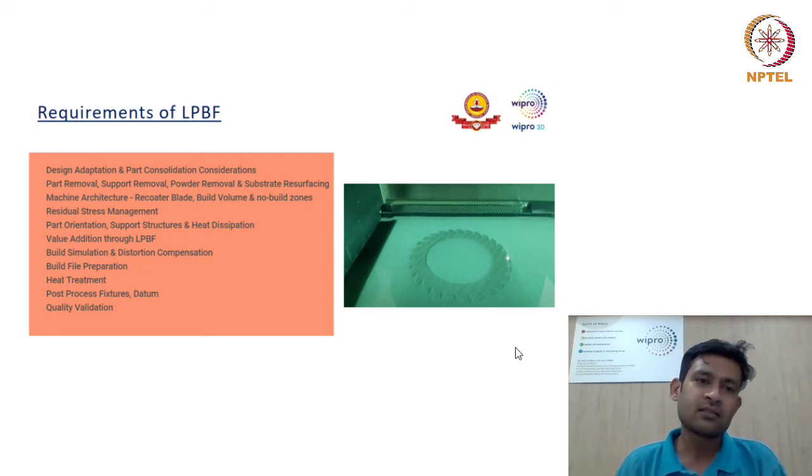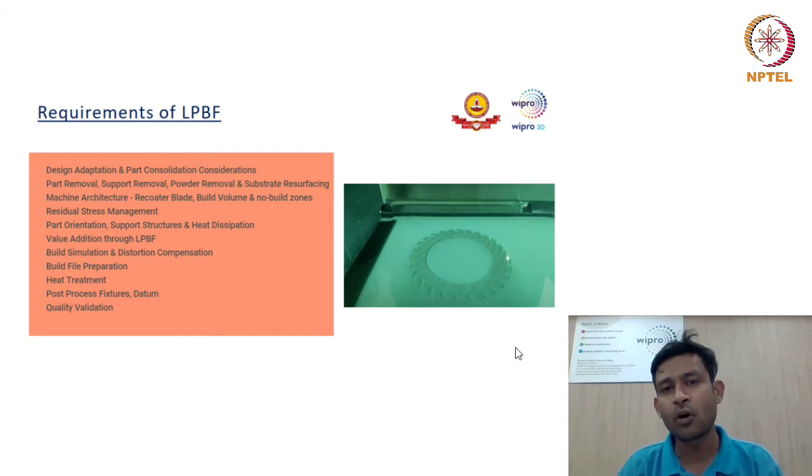All these requirements emanate from a very basic principle of laser powder bed fusion, that is that the powder particles are being heated to a temperature somewhere between the melting point and the evaporation point of the material, and the thus generated heat needs to be dissipated.